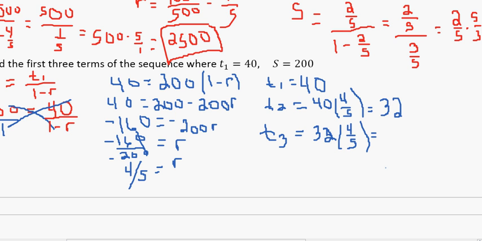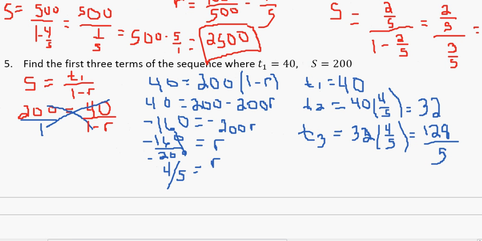So we just go ahead and multiply the numerators. Pretend the 32 is over 1. Multiply the numerators and multiply the denominators. So 4 times 32 is 128 over 5. And that's it for your infinite geometric series.